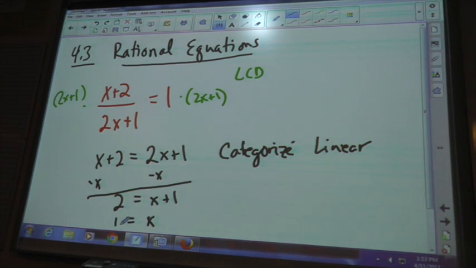So x equals 1 is the answer. 1 plus 2 is 3. 2 plus 1 is 3. 3 divided by 3 is 1. It worked. Okay.